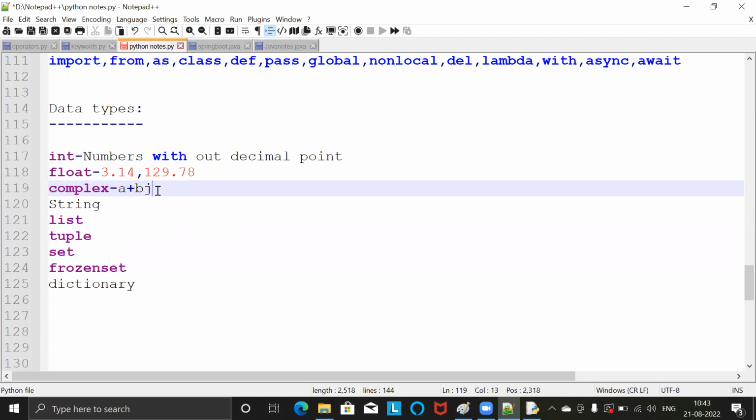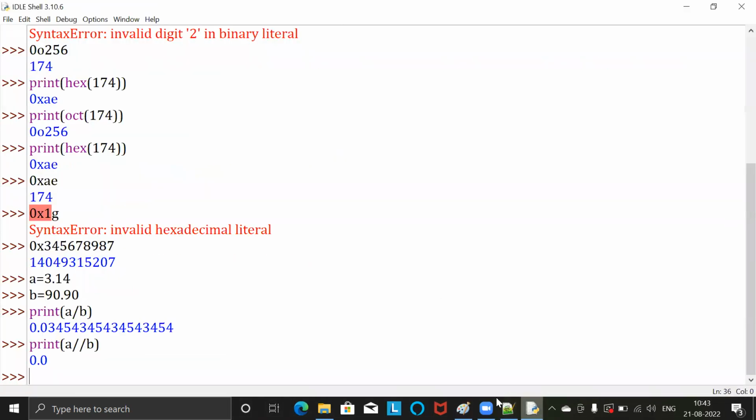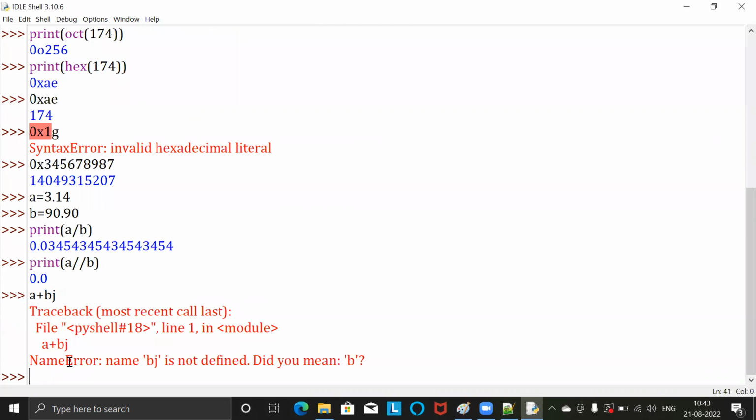We already studied, but here I will give some brief information about complex numbers. A is the real number and Bj is the imaginary number. And here J is fixed. In place of J, we are not able to take any other alphabet. Here J is always fixed.